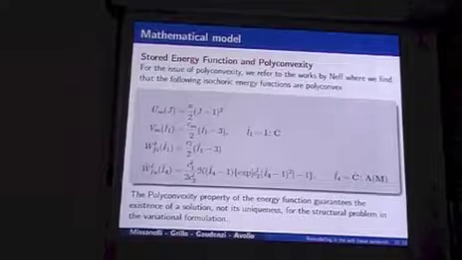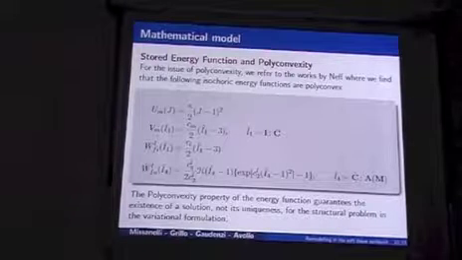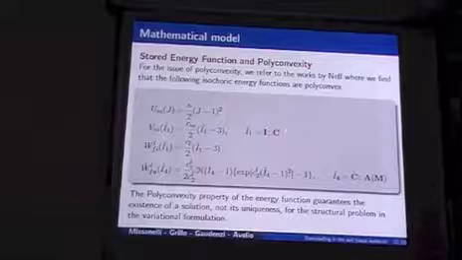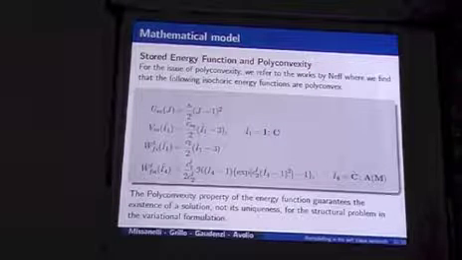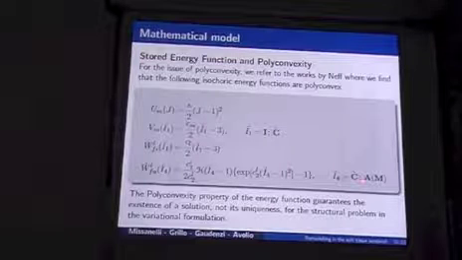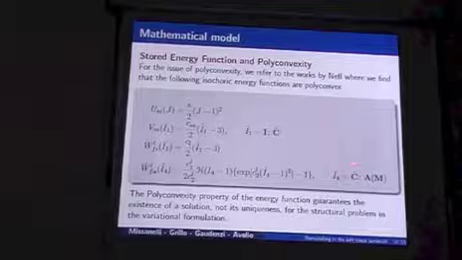Here there are two invariants. The first one is the trace of the isochoric part of the right Cauchy-Green tensor, and this one is always the isochoric part.